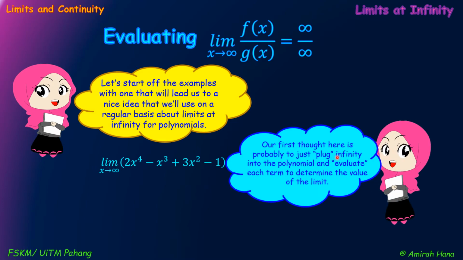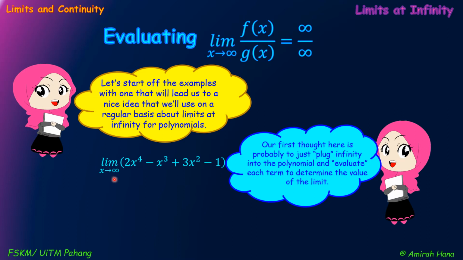Our first thought here is probably to just plug infinity into the polynomial and evaluate each term to determine the value of the limit. It is pretty simple to see what each term will do in the limit, and so this seems like an obvious step, especially since we have been doing that for other limits in previous sections. So, let's see what we get if we do that.